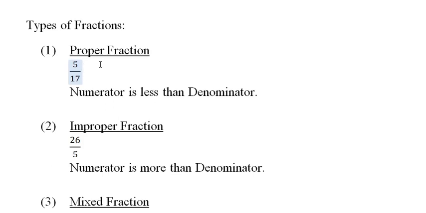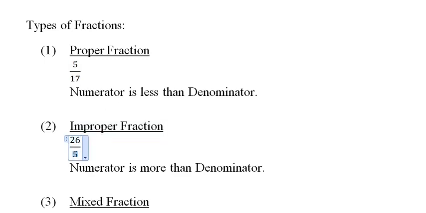Now if the numerator is more than the denominator, then it is known as an improper fraction. So the opposite of a proper fraction is an improper fraction, in which the numerator will be more than the denominator. As you can see in this particular example, the upper section is more than the lower section.